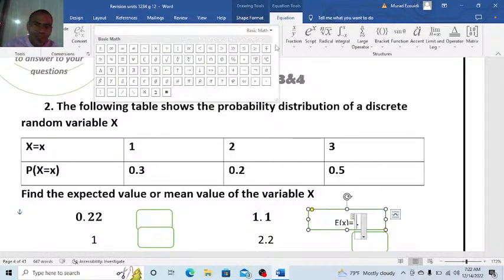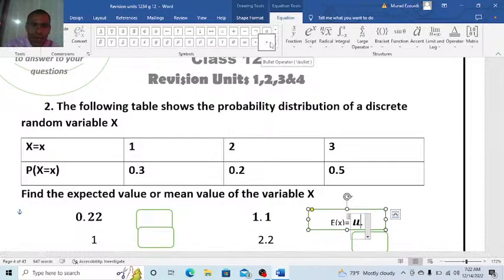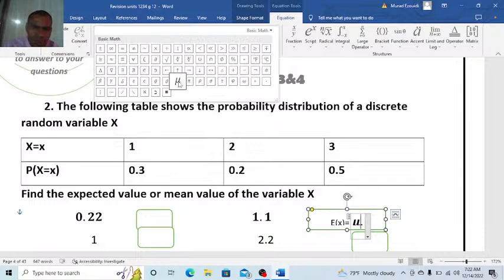Mu is the mean value. This is mu. It's called the mu, like that.